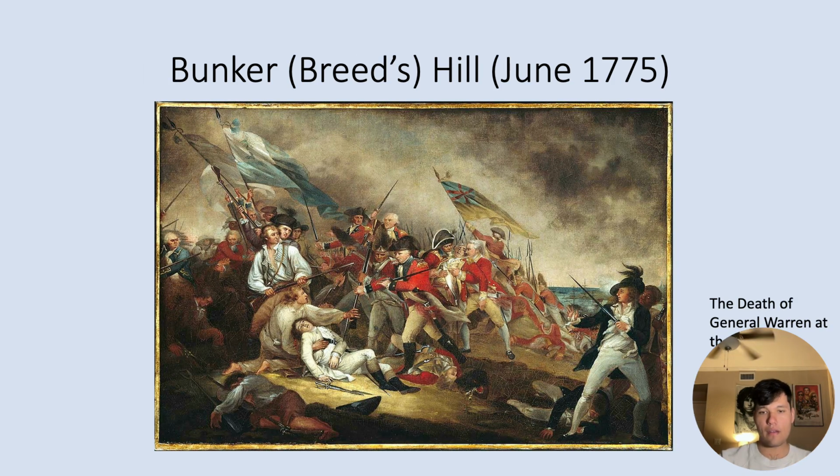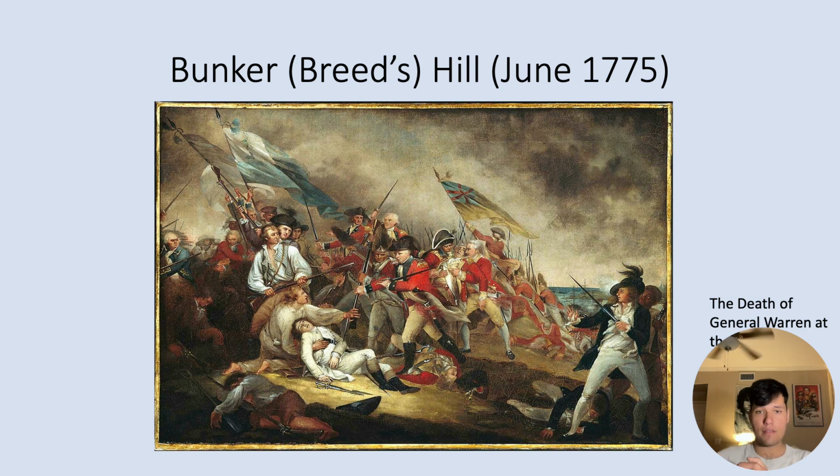So now let's go ahead and talk about one of the earlier major battles, the Battle of Bunker Hill, right? So this actually took place on Breed's Hill. This is a month after the Second Continental Congress had met in Philadelphia. So this is taking place in June 1775. The colonial militia fortified the hill, right?